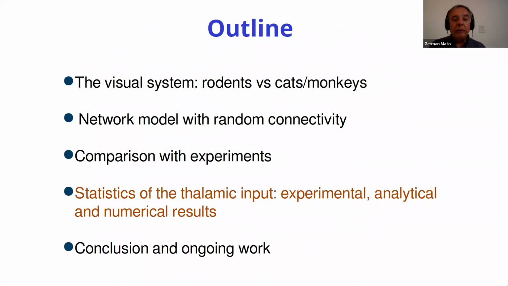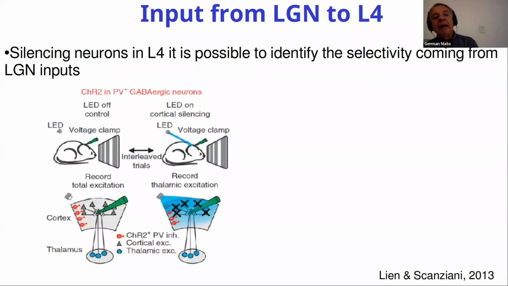So in order to do that, we decided to study the statistics of thalamic input, and here I will show briefly some experimental, analytical, and numerical results. So first, how can we measure the thalamic input? This has been done by Lien and Scanziani, explained in a paper of 2013, where they silence the activity of the neurons in cortex by optogenetically exciting the inhibitory neurons.